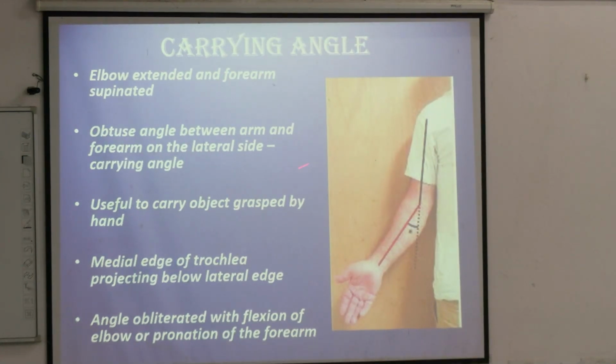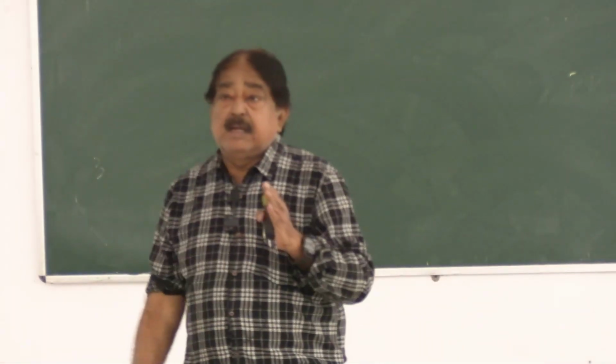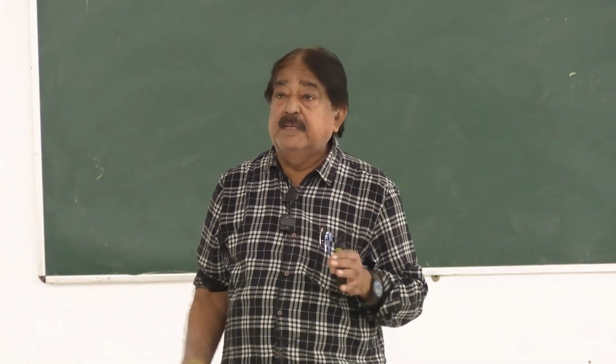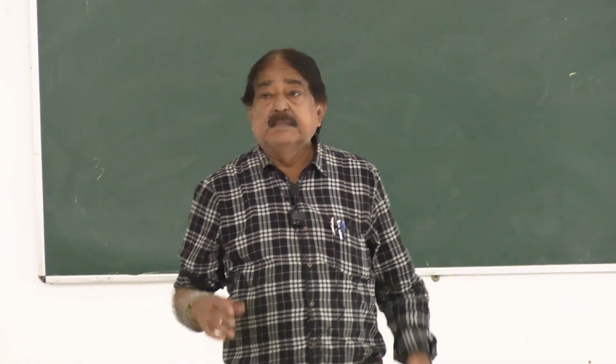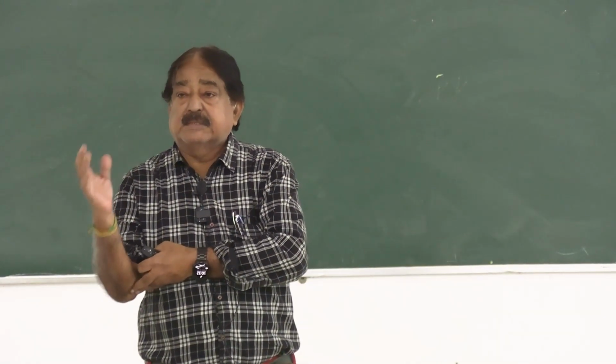The medial edge of the trochlea projects below the lateral edge. The angle is obliterated with flexion of the elbow or pronation of the forearm. Any fracture in the elbow, such as a supracondylar fracture, which is very common, and the carrying angle is lost.